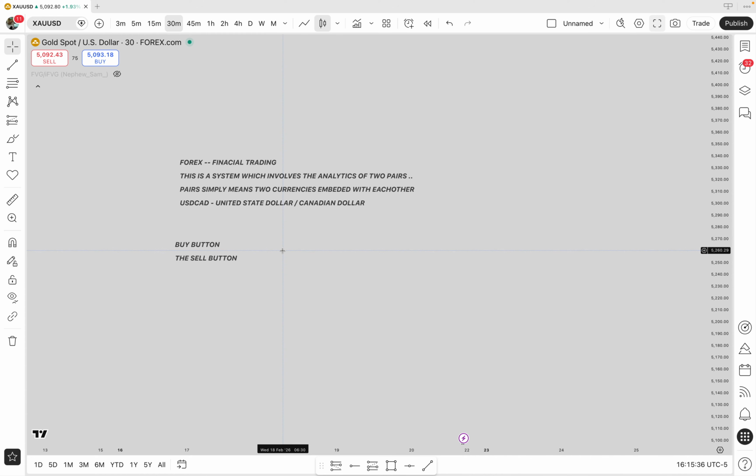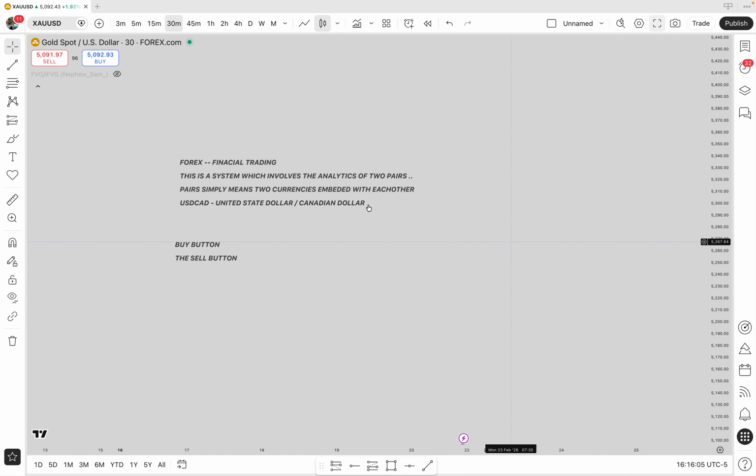And if we are literally looking to buy, right, we want to see off our analytic if this pair, which is, let's say, USD CAD, right, if the United States dollar is going to be weaker than the Canadian dollar, all we have to do on the chart is to simply analyze for a sell opportunity. Then we click the sell button from a specific price to the other price.